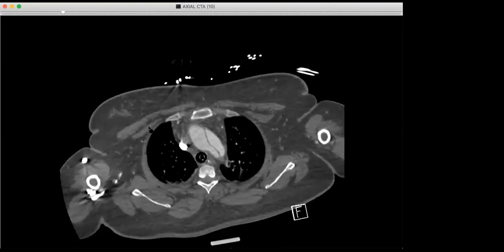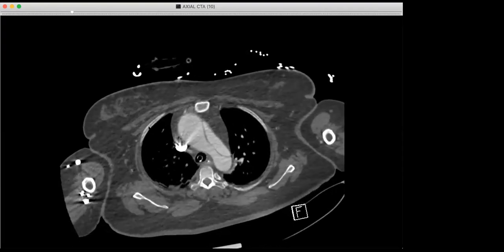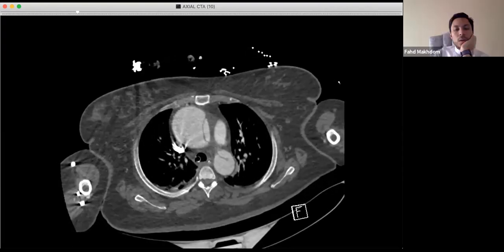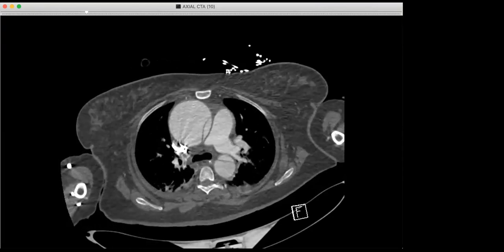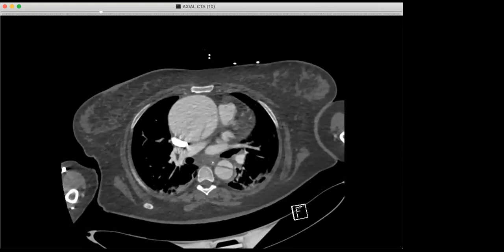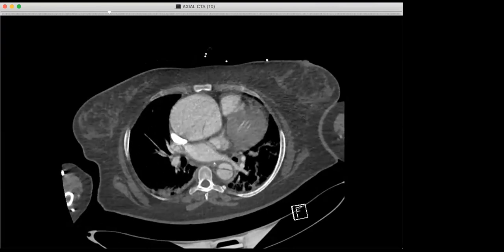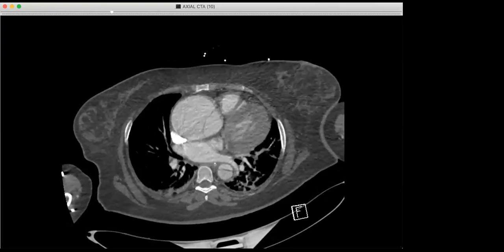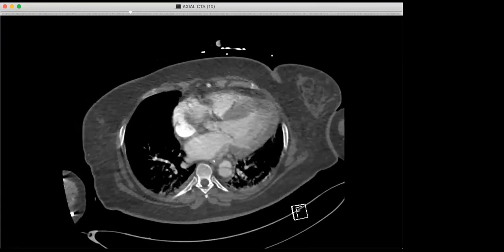Okay. The CT scan cross-sectional area shows a dissection in the aorta extending from the proximal aorta up to the arch and one of the neck vessels, with a huge aneurysm.